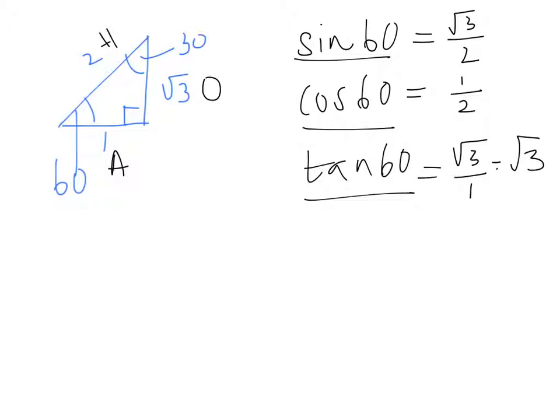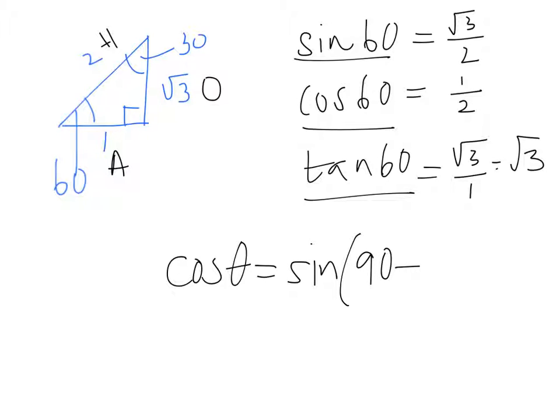Don't have to do any rationalising here, which is nice, but you should notice that there is this nice relationship between sine and cosine. As we talked about in class, there's that identity that you need to remember: cos theta is equal to sine of 90 take theta.